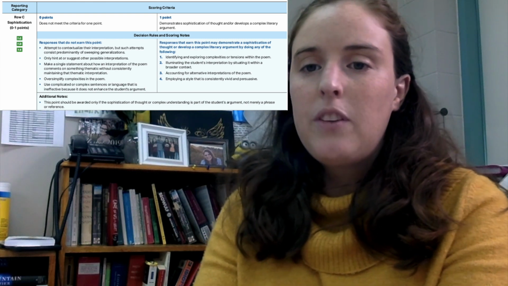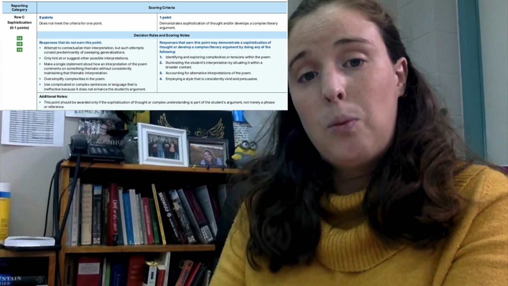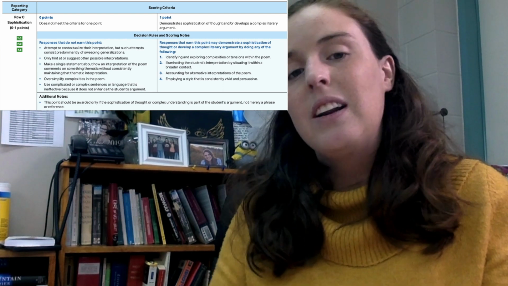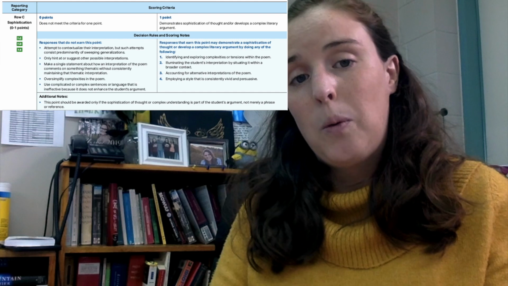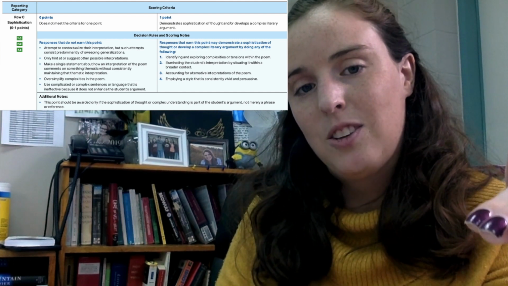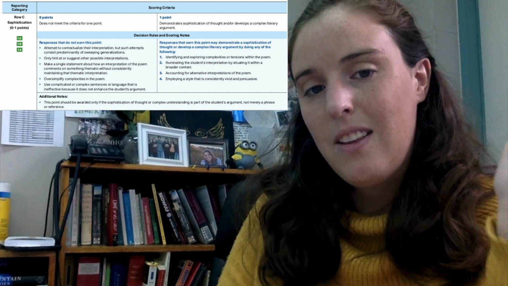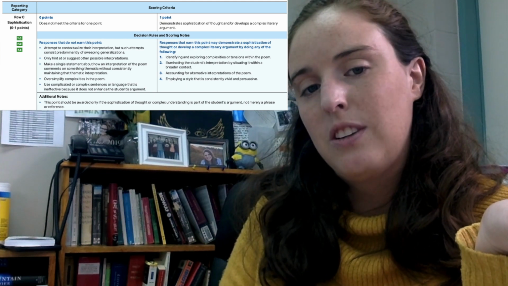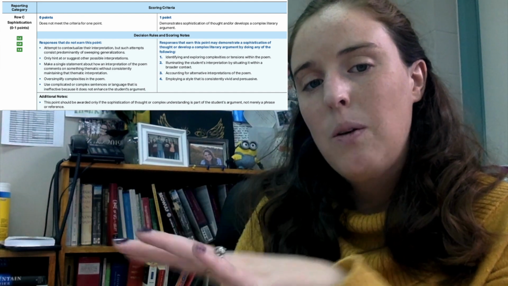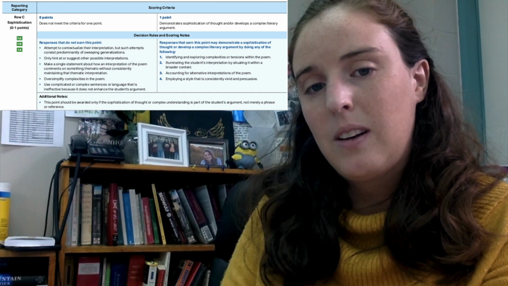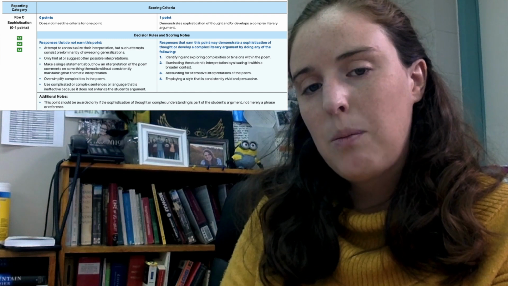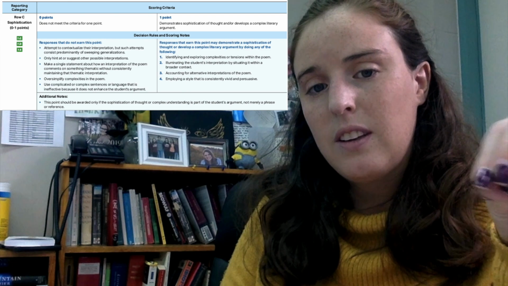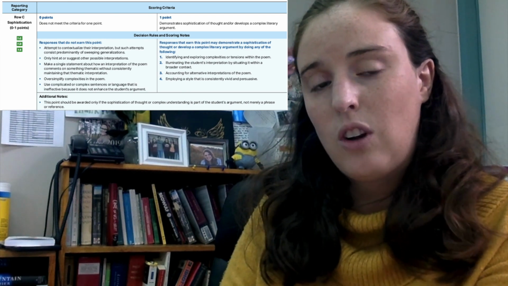The problem with trying to focus on this last point is that it's very easy to fall into the 0 points. So attempting to contextualize, only hinting at other possible interpretations, making a single statement about how interpretations of the poem comment on something thematic without consistently maintaining that thematic interpretation, oversimplifying the complexities in the poem, using complicated or complex sentences or language that is ineffective because it doesn't enhance the student's argument.